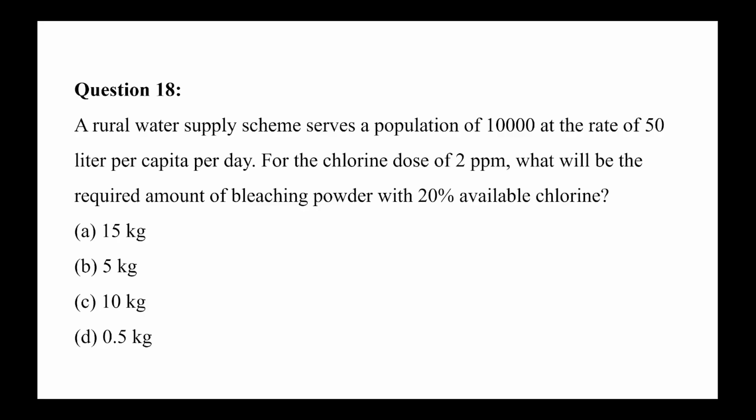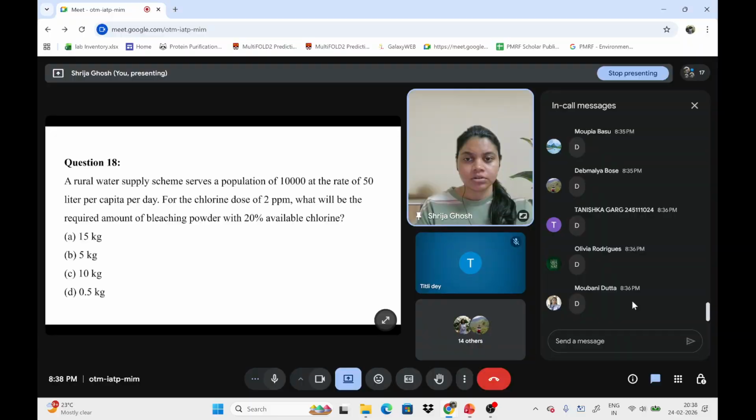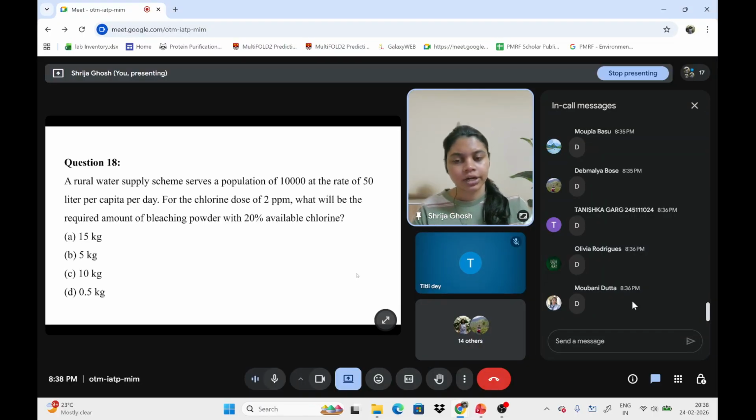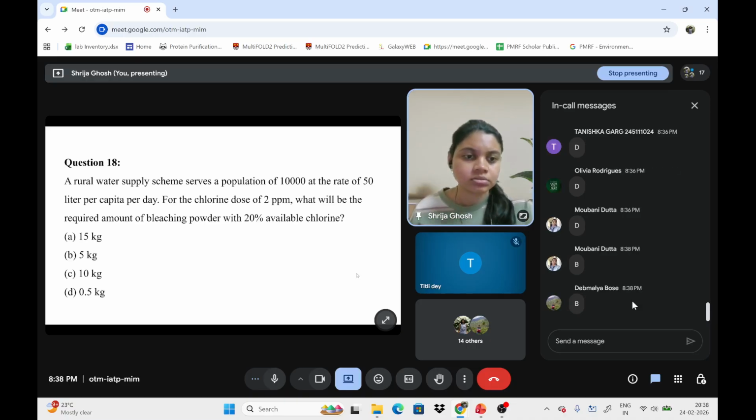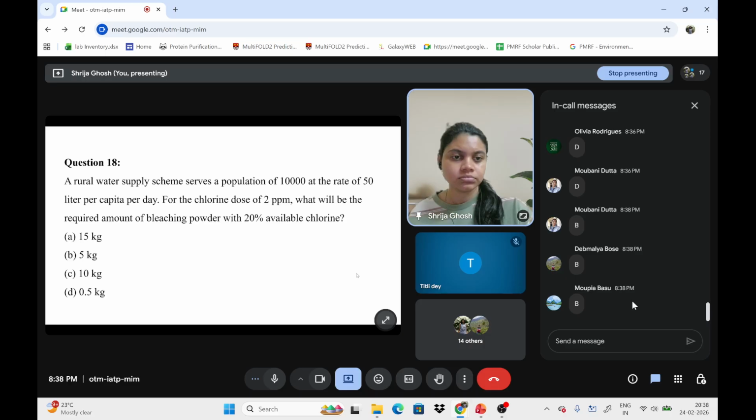So the water supply rate is given, total population number is given, chlorine dose is given. So calculate the amount of bleaching powder required. All of you calculate this and write your answers in the chat box. Okay, I already see answers in the chat box. What about others?